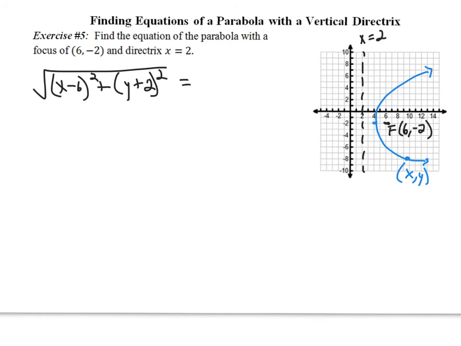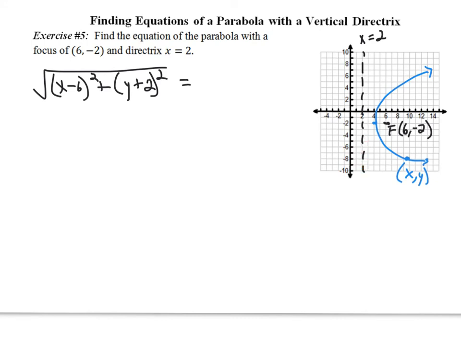Now we need to do the distance from xy over to the directrix. Now when you look at this distance, it's this direction right here. If I start all the way over here at 0 on the y-axis, this distance would be x. I don't want to start all the way over here at 0, I want to start at 2.